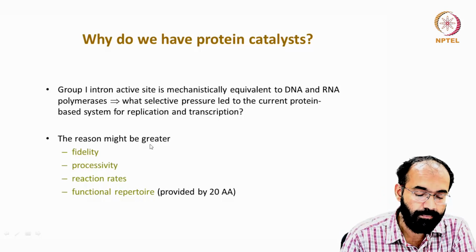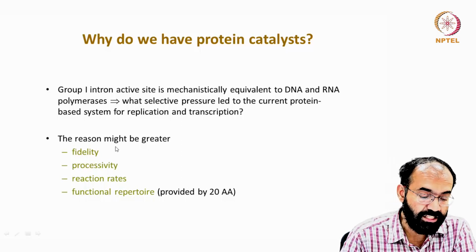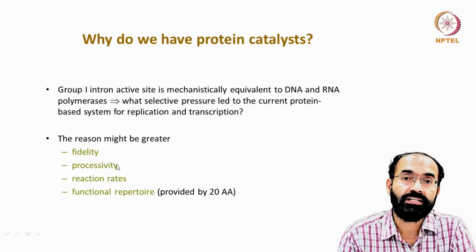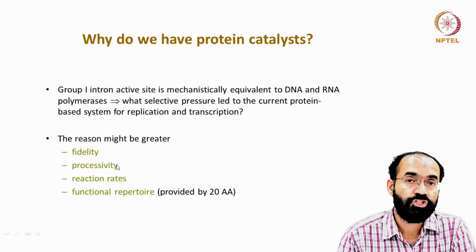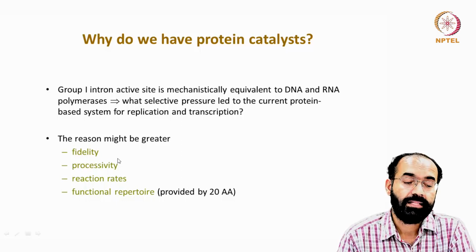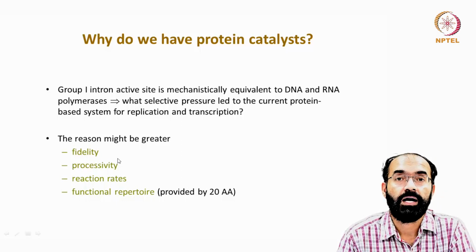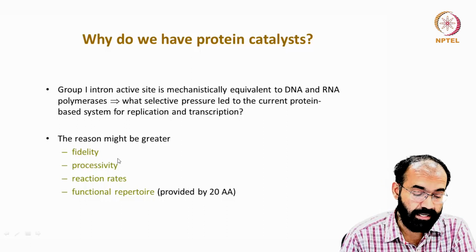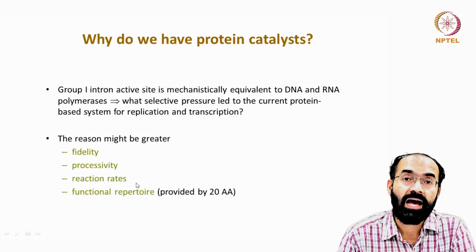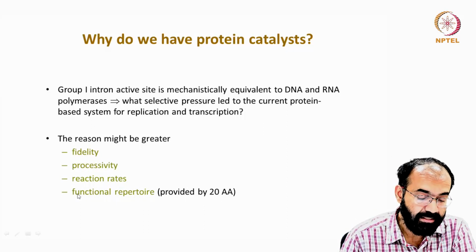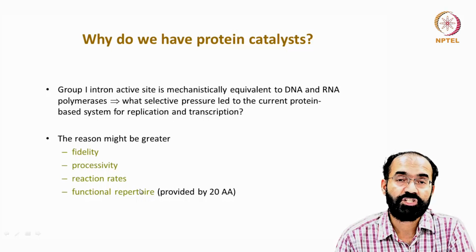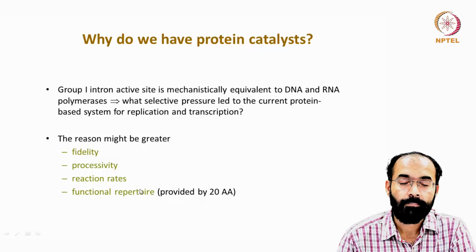The reasons might be much greater than what we can assume. One could be fidelity, how accurately a job can be done. Then comes processivity, how accurately the processing of the job can be done. Then reaction rate, how effectively an RNA can be produced. And then functional repertoire, that means the interaction can be much more divergent.